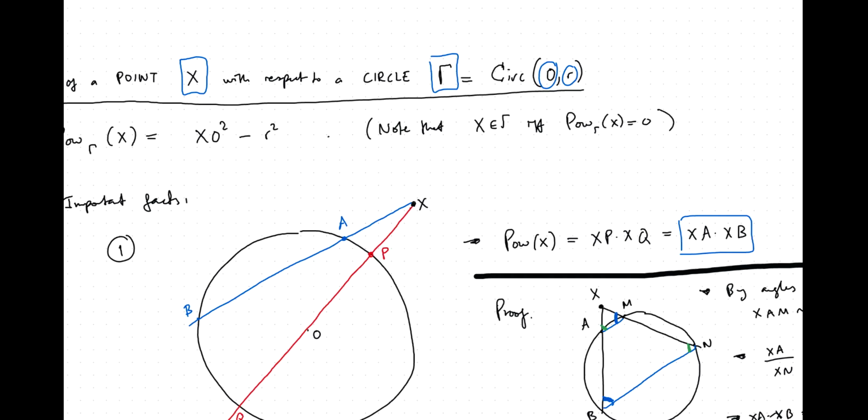So power is in some sense a quantitative generalization of the incidence relation between points and circles. As I told you, geometry in this geometry consists of figures. Figures consist of points, lines, circles, and the relationships between them. And what are the kinds of relationships?